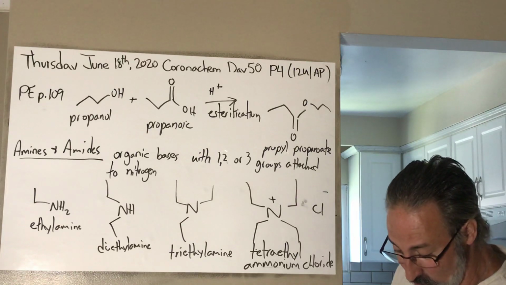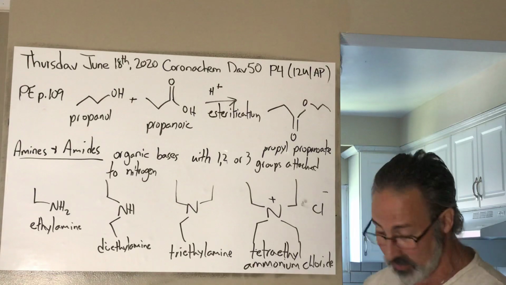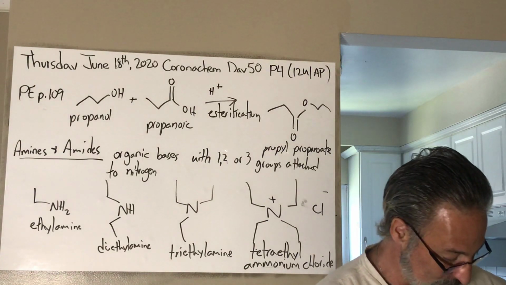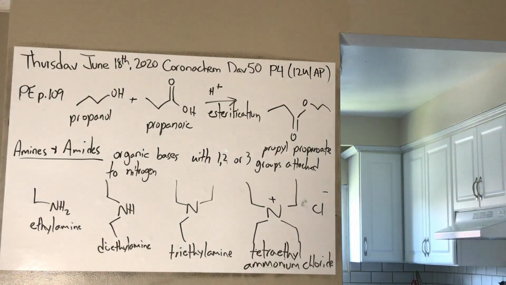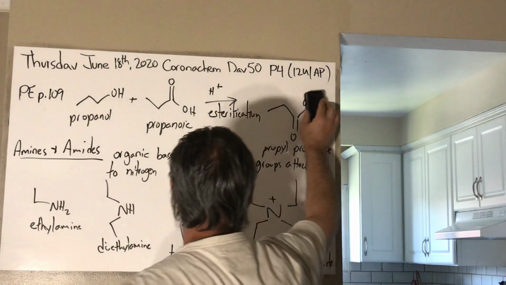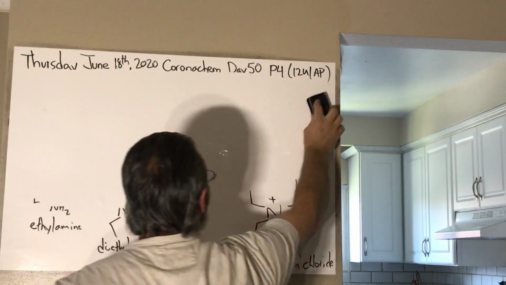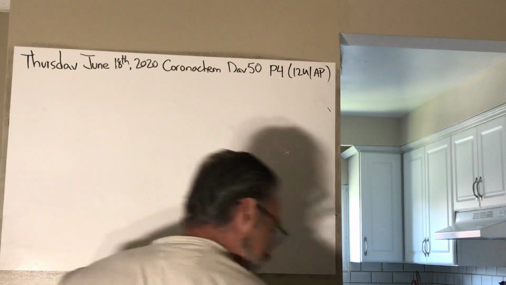Amide linkages form protein by dehydration synthesis of amino acids. I'm going to show you what that looks like. I'll try to connect two simple amino acids. Glycine is the simplest amino acid.